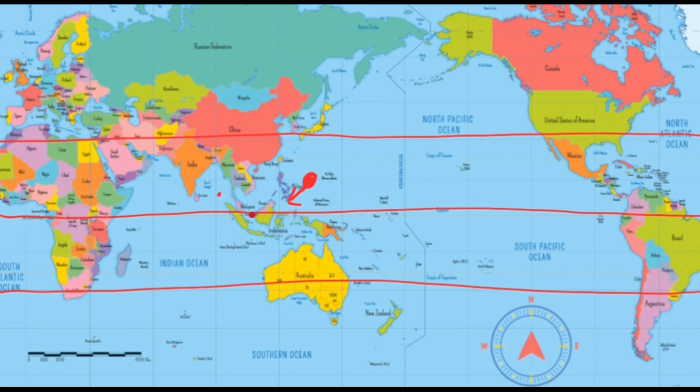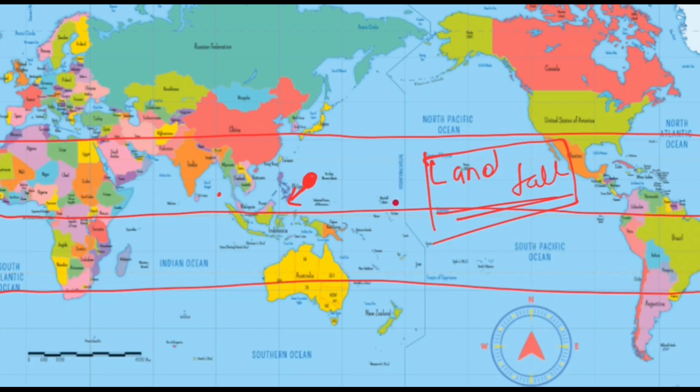So that's why the cyclone weakens when it approaches the land, or what we call landfall. When it enters the land region, it starts to weaken. So that is called a landfall. The simple reason is that the moisture supply it was getting in the ocean region is cut off in the land region.